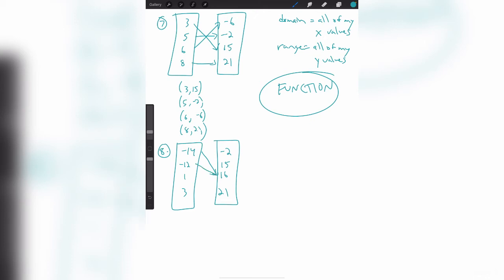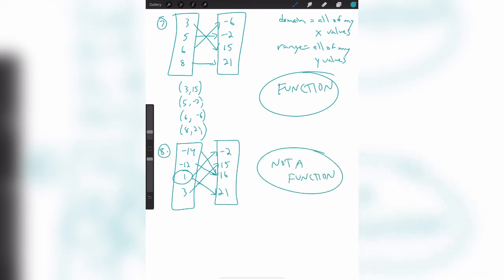But 1 goes to -2 and 1 goes to 21, that's definitely not going to end up well. Since this 1 gets split in 2 different directions, we can't have a repeat of our x values. So this is not a function.